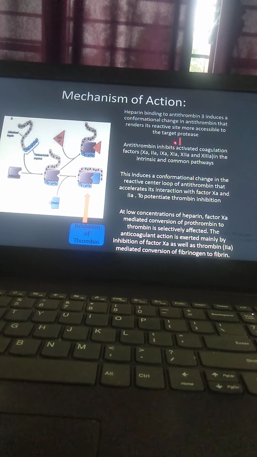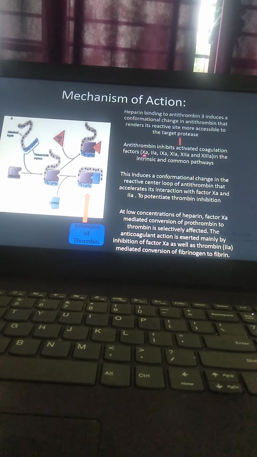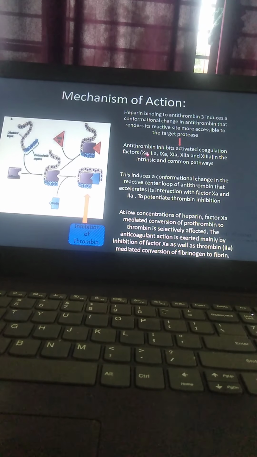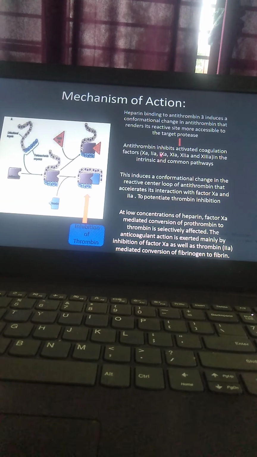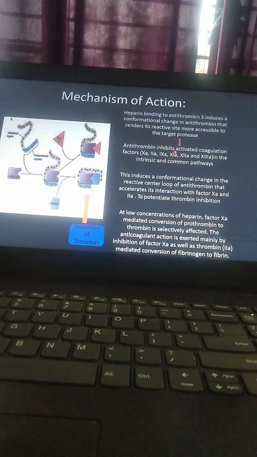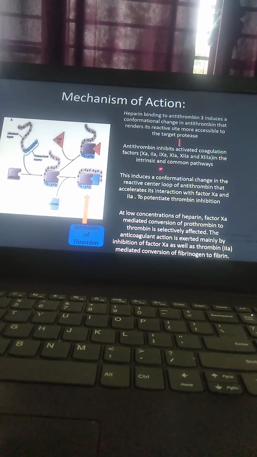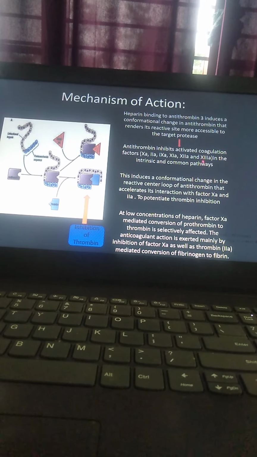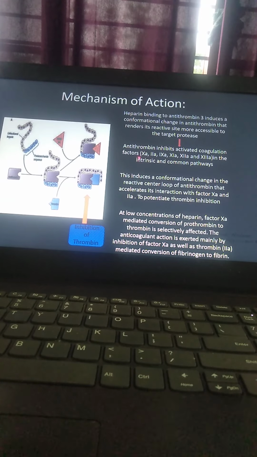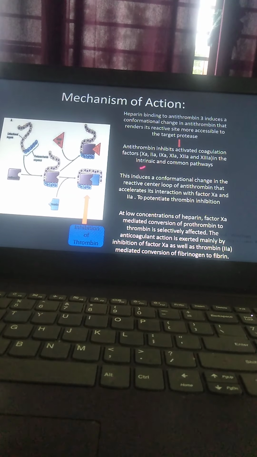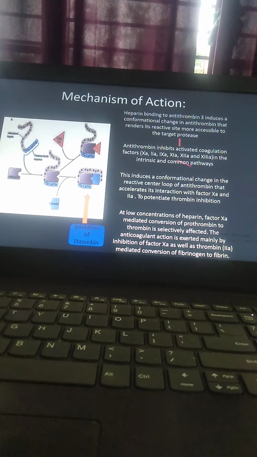Antithrombin inhibits activated coagulation factors: 10A, 2A, 9A, 11A, 12A and 13A, and also 8, in the intrinsic and common pathways. Both pathways are acted on.